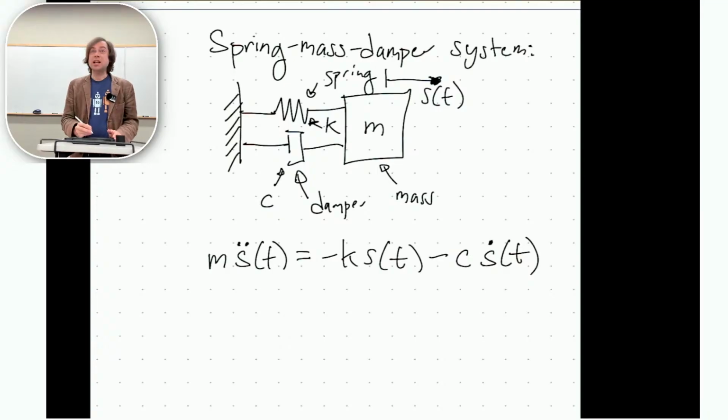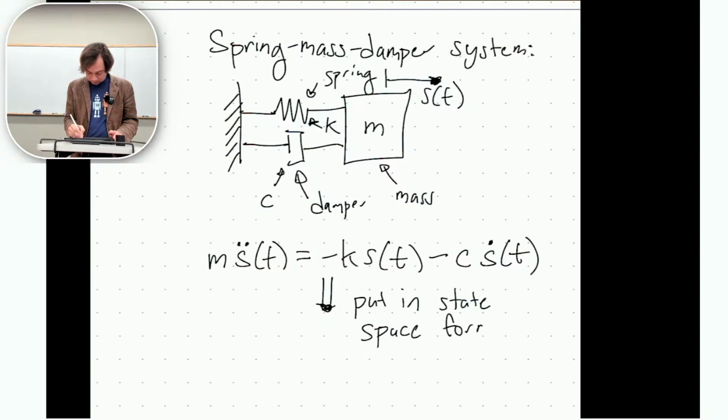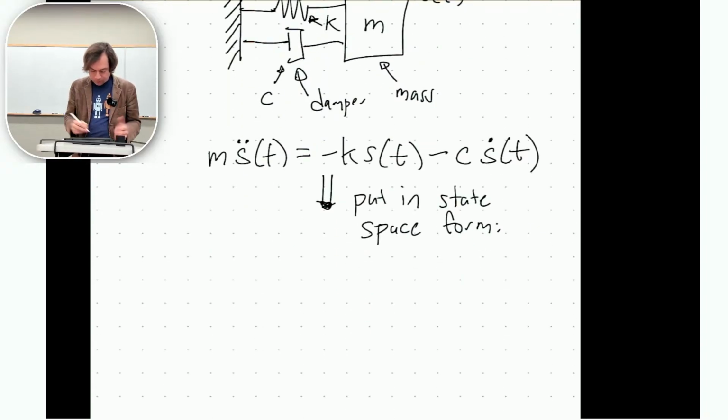I'm going to put this in state space form. Okay. So we're going to put something in state space form. We have to know how many states there are. Can anyone just look at that and tell me how many states there are going to be? I hear 2. Yeah, I also hear 2 in my brain because that's the right answer.